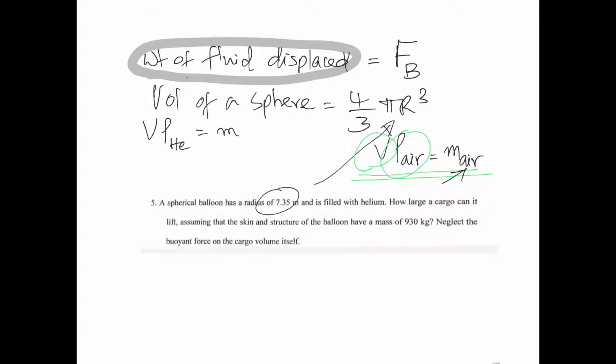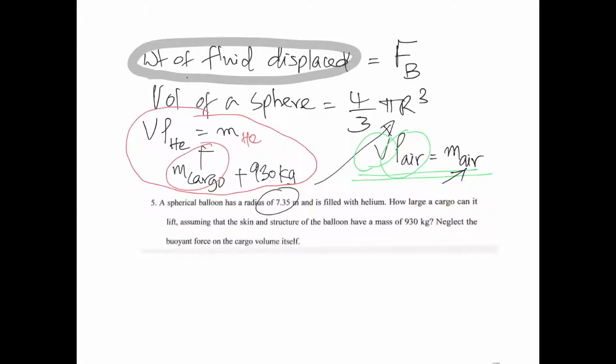Now, do we have other stuff here? Yes. We have the mass of helium, to which we have to add the mass of the cargo, and we also have to add the mass of the skin and the structure, which is given as 930 kilograms. So the total mass that has to be carried is the mass of helium plus the mass of the cargo and the mass of the skin and structure.